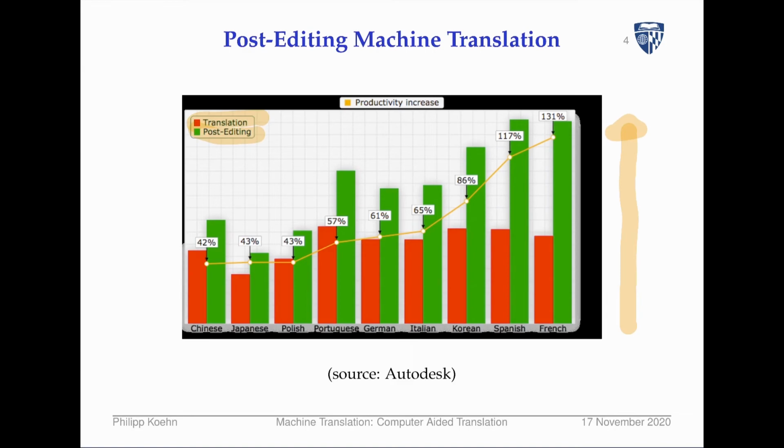And they show that, yeah, throughout all these languages, and this is like 10 years ago, translators were much more productive, and it kind of tracks what our understanding is of machine translation quality. So we generally assume French machine translation quality is pretty good, and that's also where they got the biggest improvement, while we also know that Japanese and Chinese is just a much harder language pair to work with, and the improvements were lesser there.